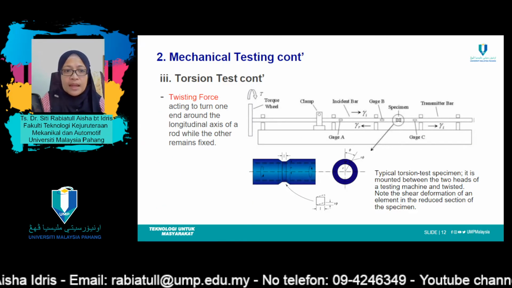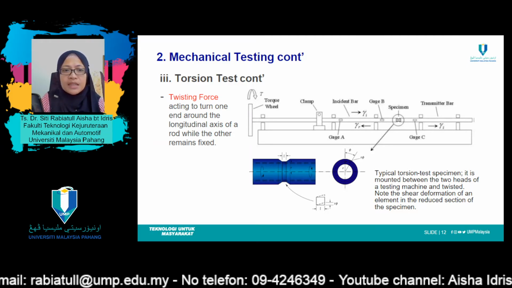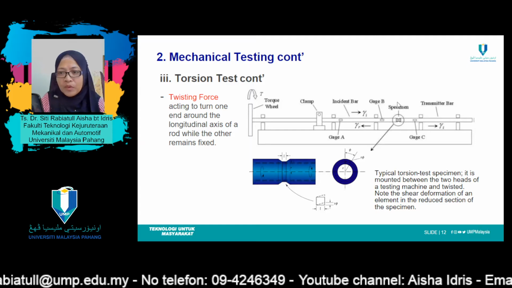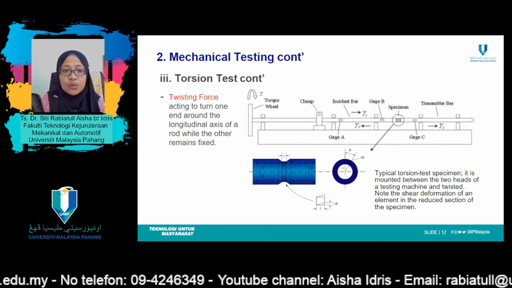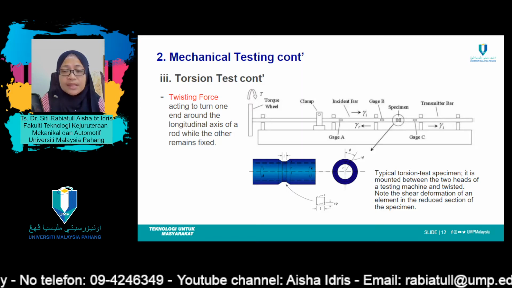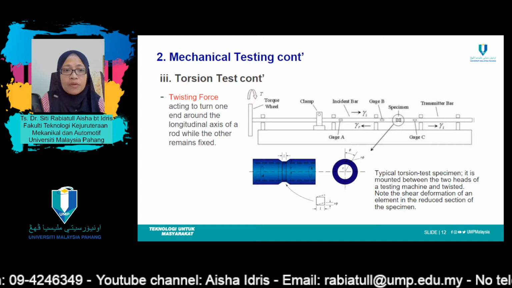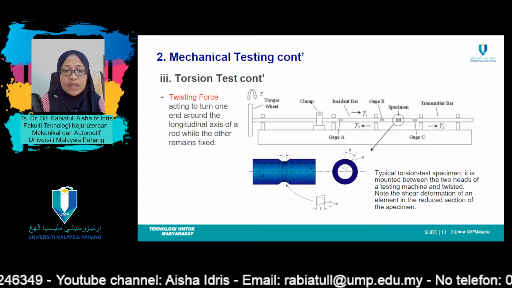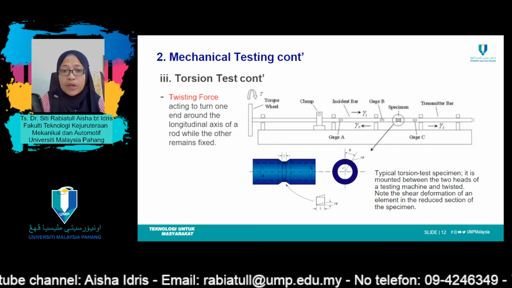For a torsion test, typically a longitudinal sample is placed in a torsion tester, okay, over here, and one end of the sample is twisted around the long axis until failure, during which the force, or in the case of rotation, the torque, and the displacement, or in the case of rotation, the angular displacement, are recorded.